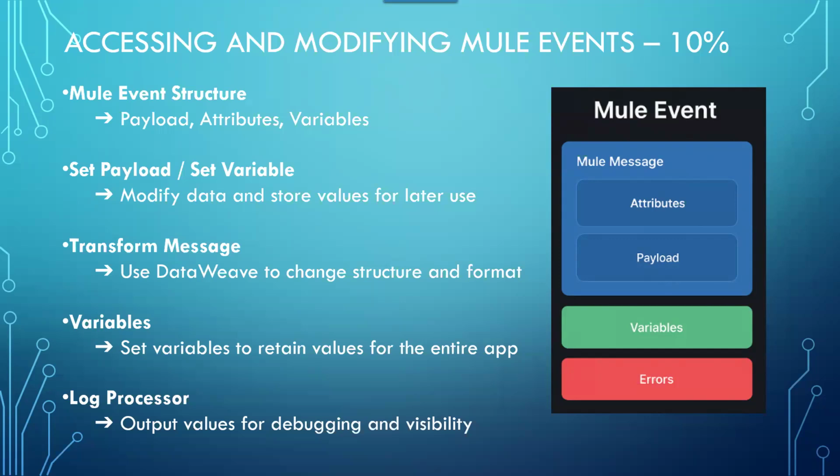And they're available, like if it's created before the scope, it's going to be available the entire flow. But if you have a variable that's created inside one of those scopes, it will not be available outside that scope.